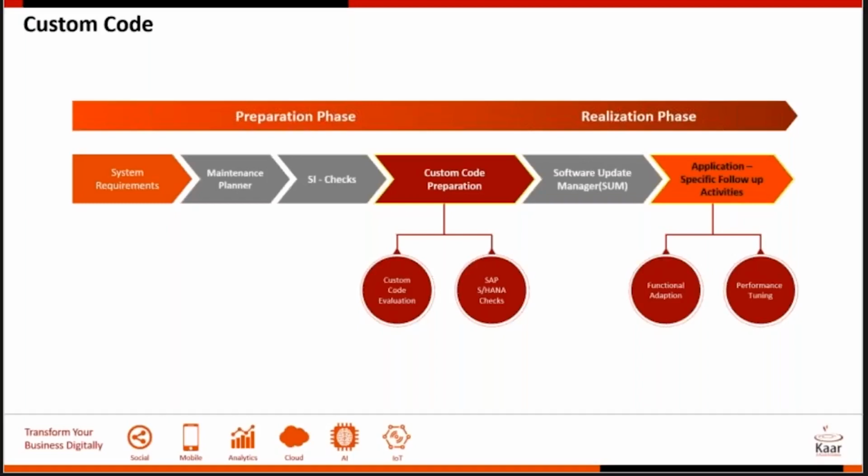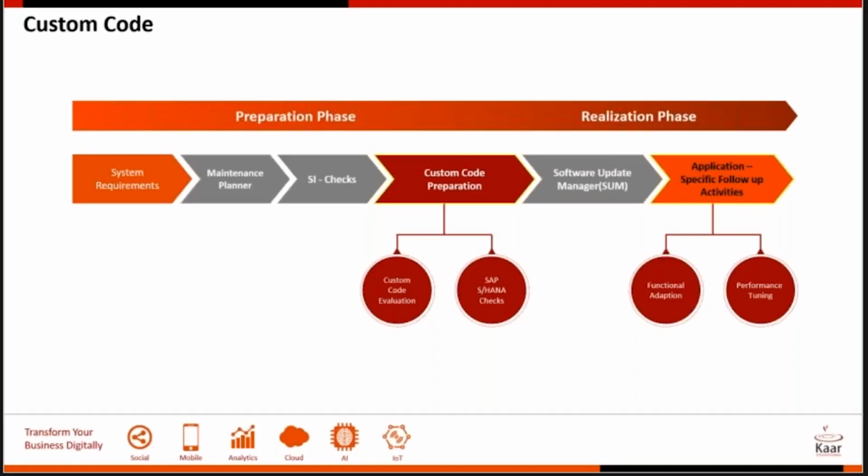And then you have the S4HANA checks. Why do you do those? Those are primarily to compare your existing code with the simplification database and see if a simplification item, something that has been simplified, is being called in your ABAP code.